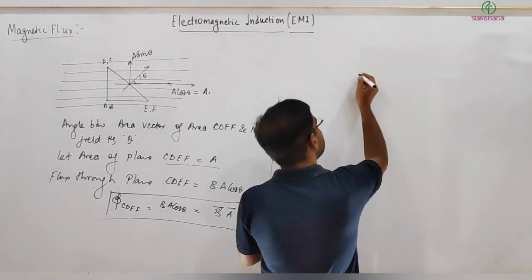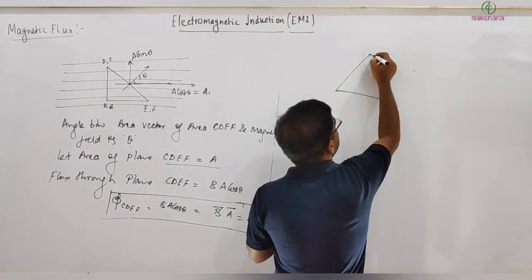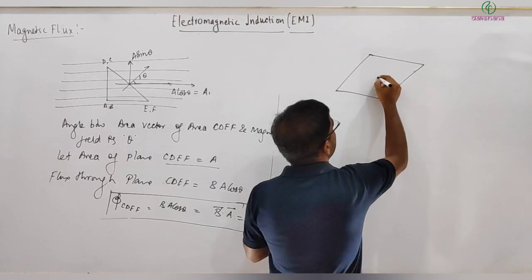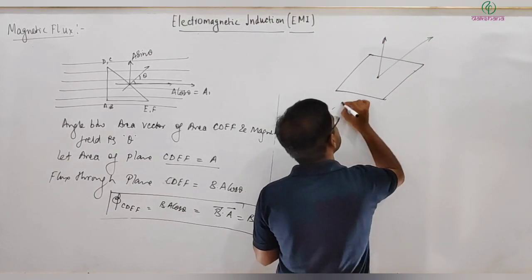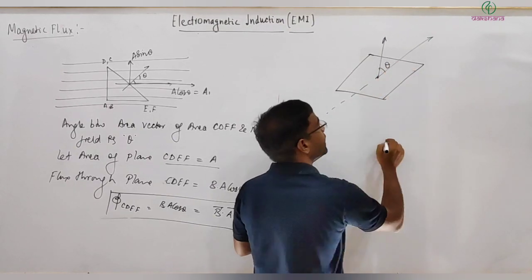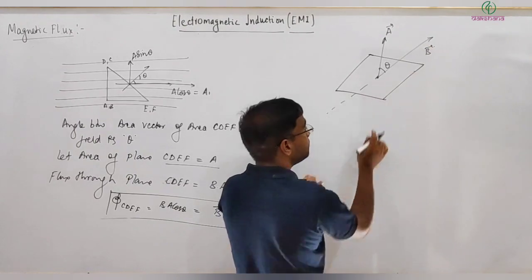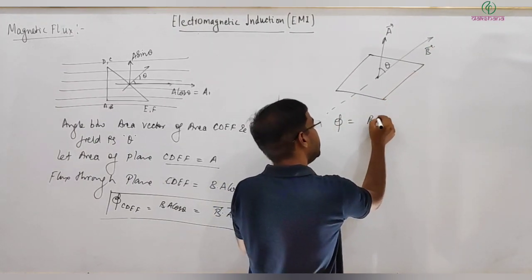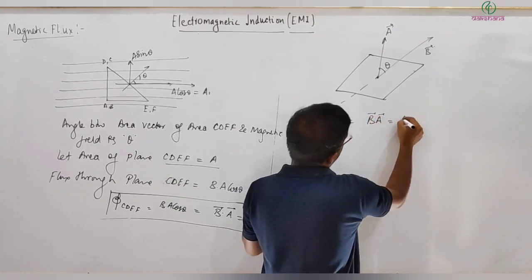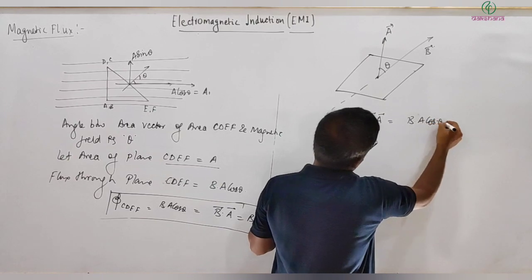So in general, let's say this is some plane and its normal is along this, but the magnetic field is along this, and theta is the angle, this is A bar and this is B bar. Then the flux phi through this plane is given by B bar dot A bar, or you can write BA into cos theta.